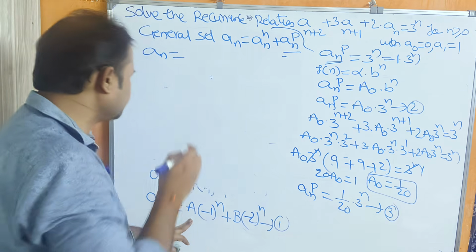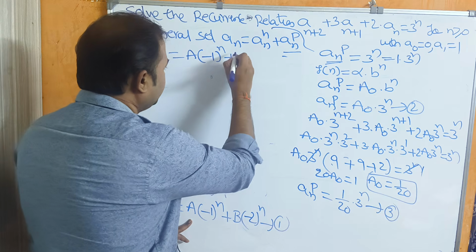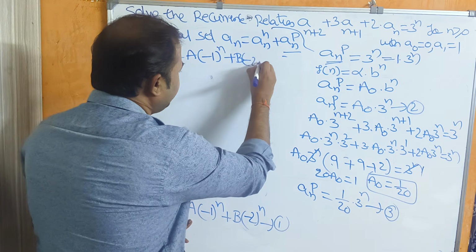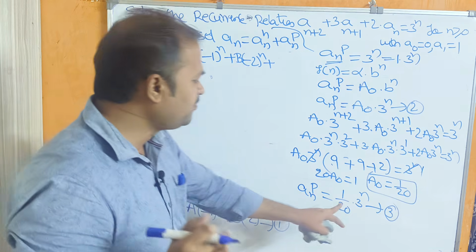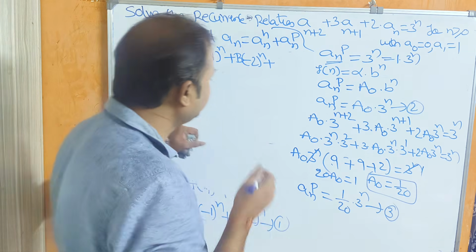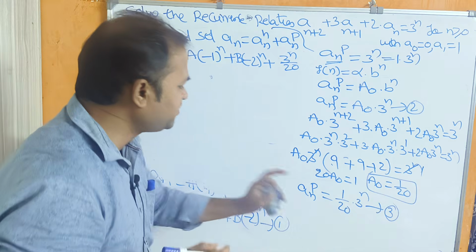What is a_n^h? A into (-1)^n plus B into (-2)^n, plus what is a_n^p? a_n^p means 1 by 20 into 3^n. So we can write that as 3^n by 20.